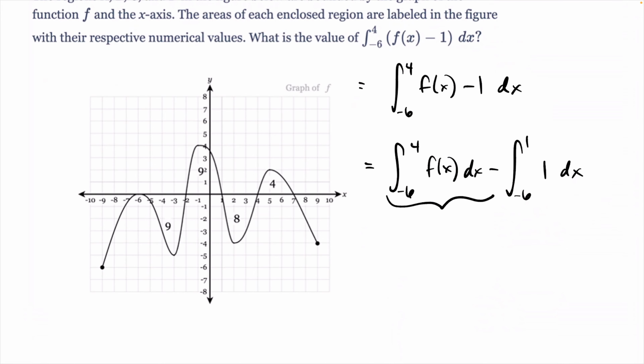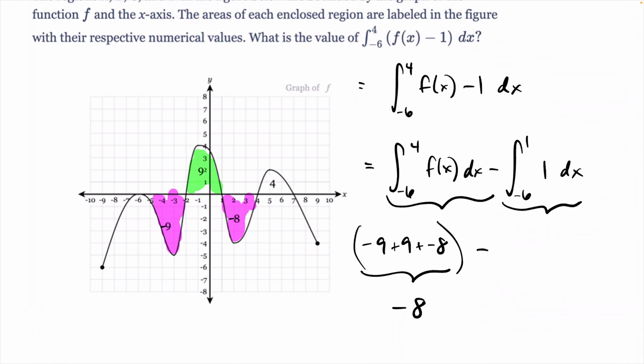So from negative 6 to 4 involves all of this area here. So that's going to be negative 9 plus 9 plus a negative 8. Which is negative 8.